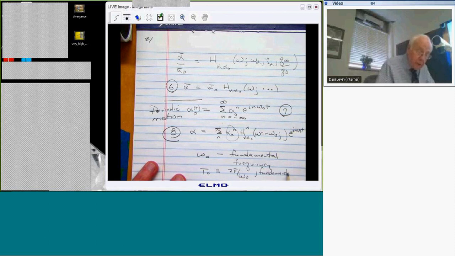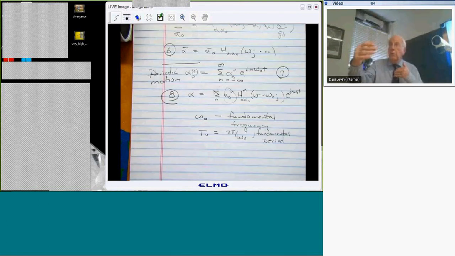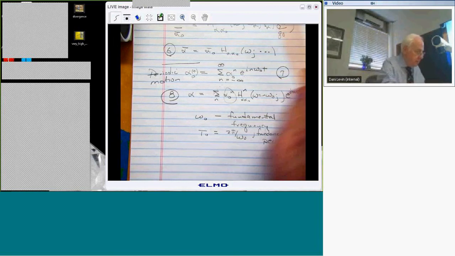That is, this is how long I have to wait before alpha naught repeats itself, and also how long I have to wait before the motion repeats itself, because alpha and alpha naught both have the same fundamental frequency and the same fundamental period.